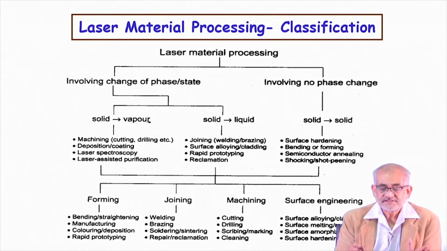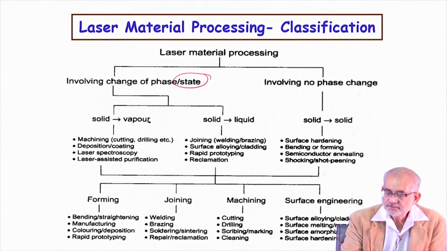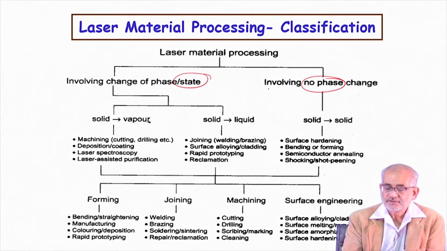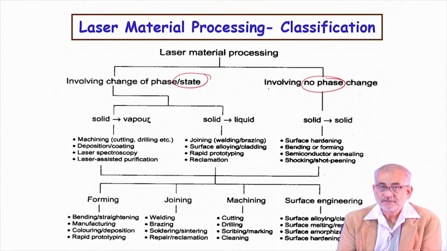In terms of laser material processing, we are talking about possibilities which may involve change of physical state, or involving no change of physical state. No change of physical state means we have a solid, we simply are heating the solid to a higher temperature and then allowing it to cool by itself.